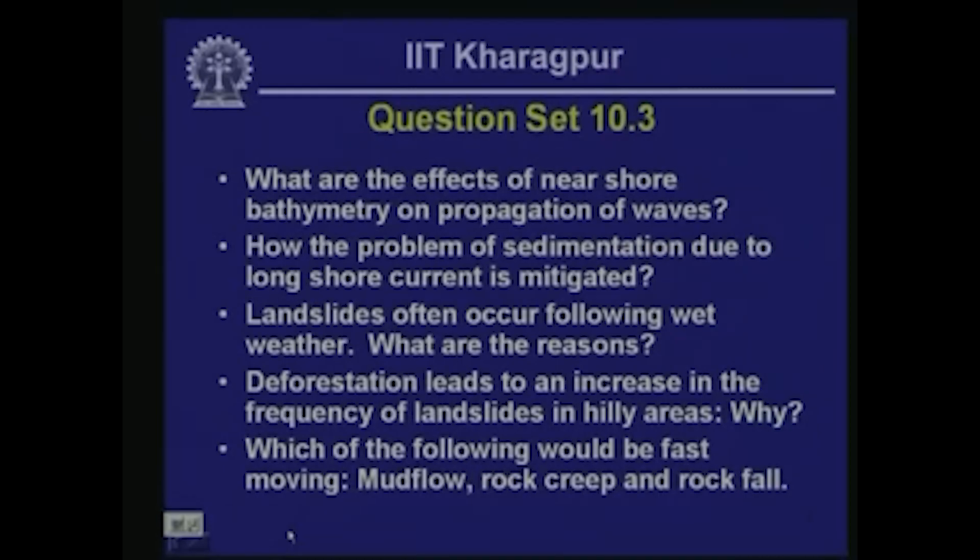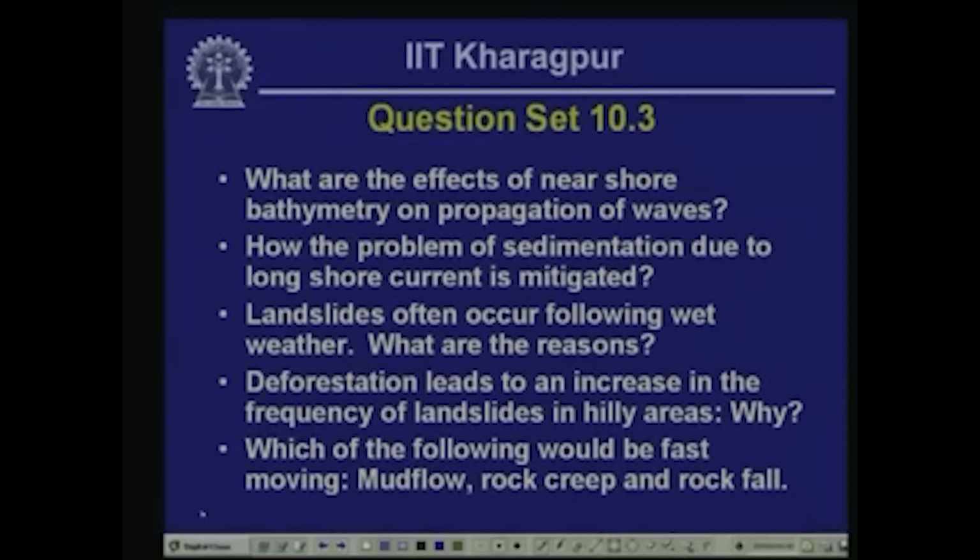The second question that I asked was how the problem of sedimentation due to longshore current is mitigated. Two of the measures that I discussed, if you recall, are groins and jetties. If you look at a coastline that is affected by near shore transport, where you want to limit the near shore erosion and sedimentation, you are going to have groins or jetties constructed in this manner.